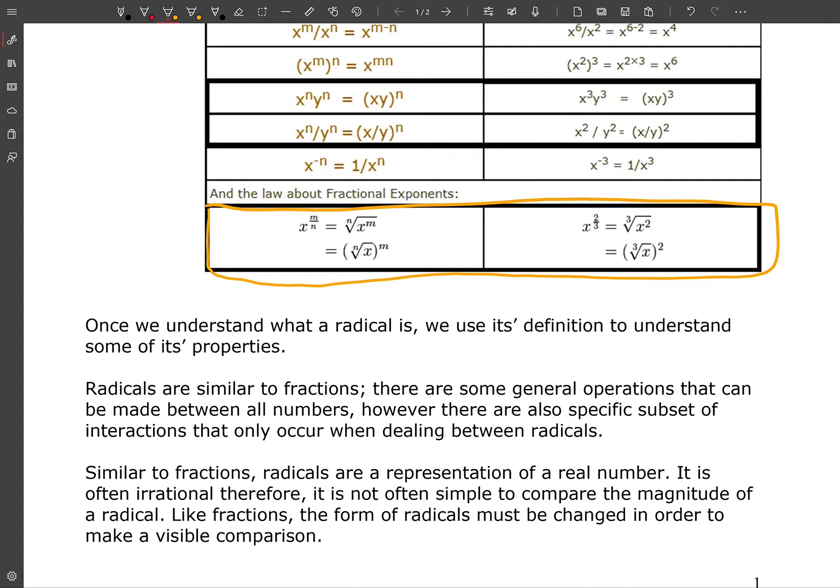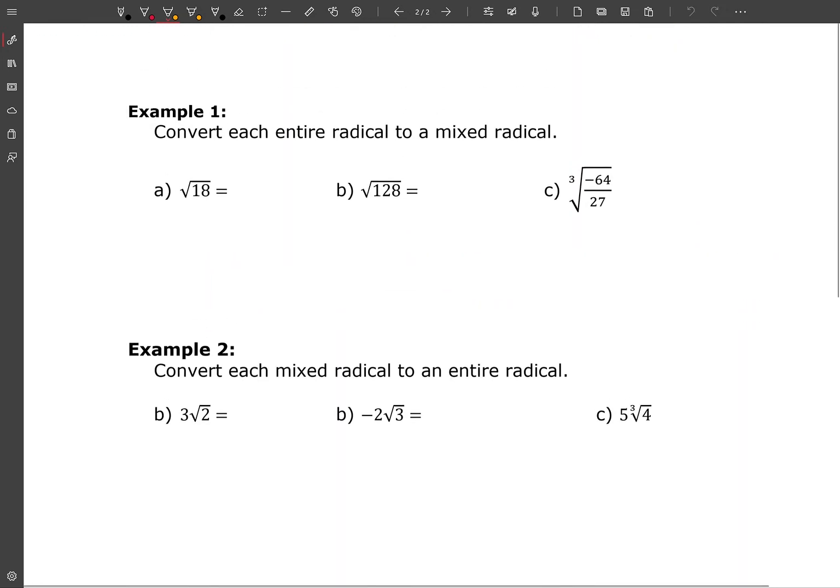Just like you can only add and subtract fractions with common denominators, you can only add and subtract radicals with common radicands. And they are representations of real numbers, not just operations in and of themselves. They are numbers. The square root of 2 and 2, not the same number. They're different.